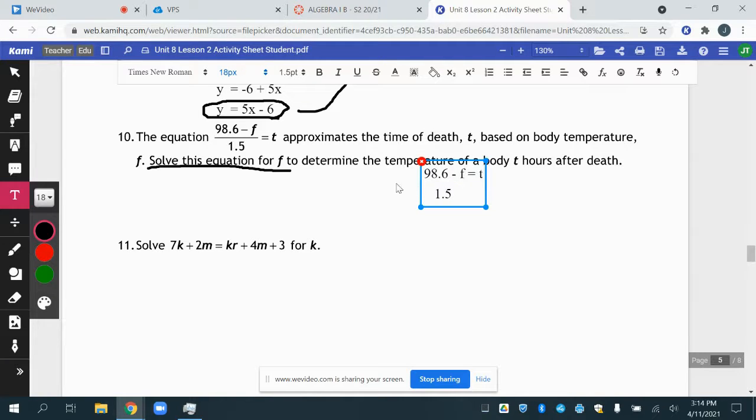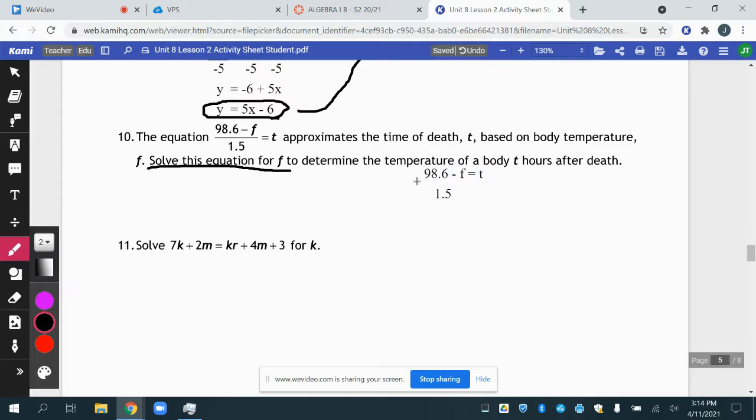Now, very important thing to remember is that when something is on a fraction, that's the same thing as parentheses. So these two numbers, they're in parentheses. They're both being divided by 1.5.